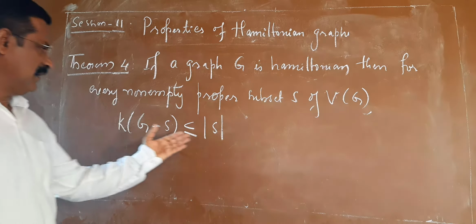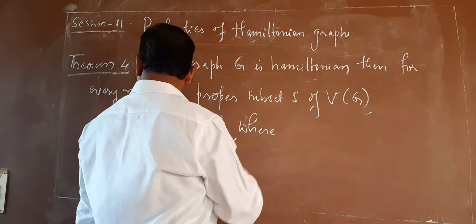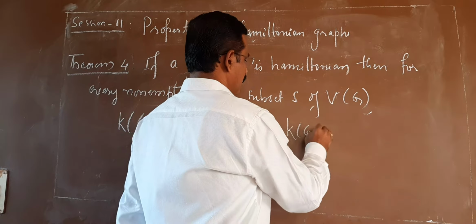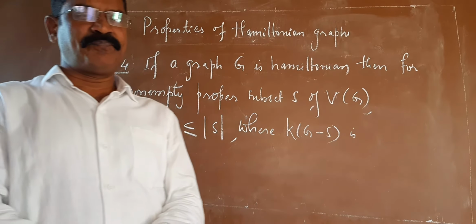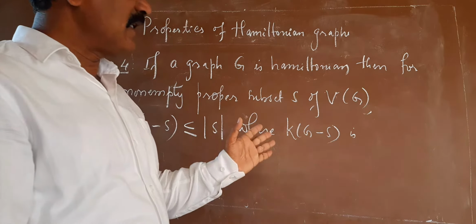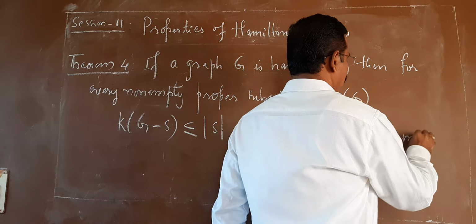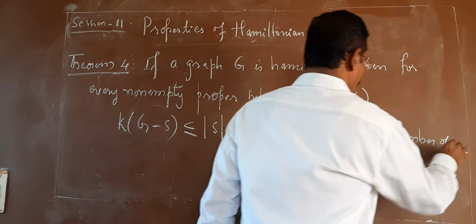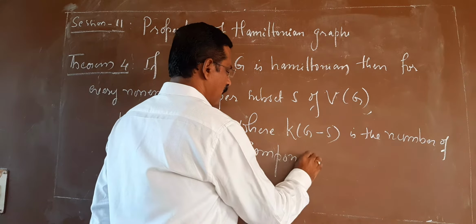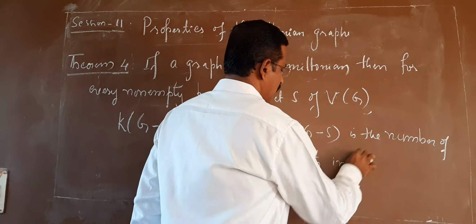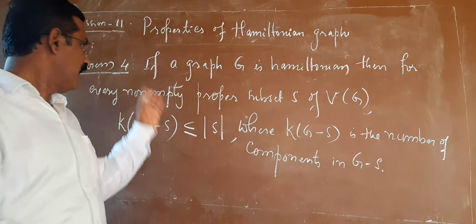So what is the meaning of this? Where K of G minus S is the number of components in G minus S. This is the statement of the theorem.